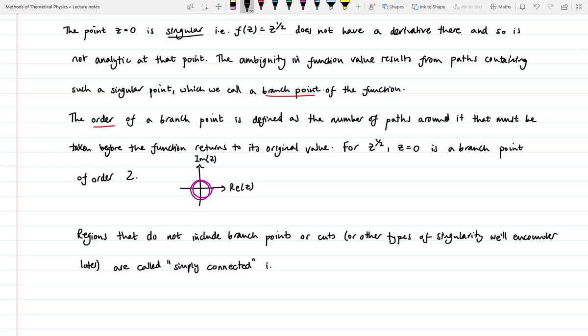And we will see that this means that all loops in such a region can be continuously shrunk to a point.